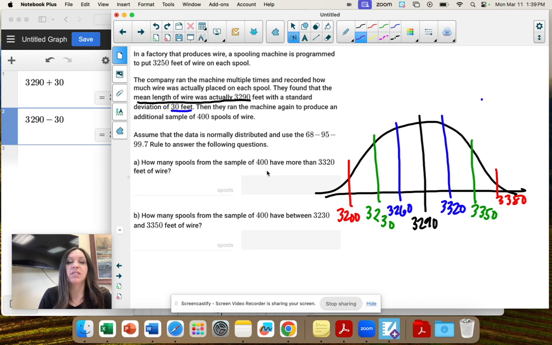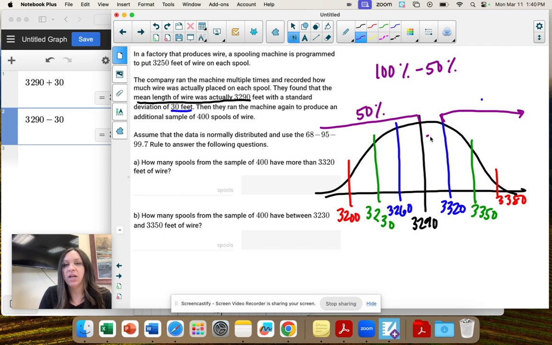How many spools from the sample of 400 have more than 3320 feet of wire? So we're looking at this part of the graph. And that's 16%. We get that by taking the whole thing is 100%, and half of it is 50%. So we take off the half. And then this piece right here is 34%.